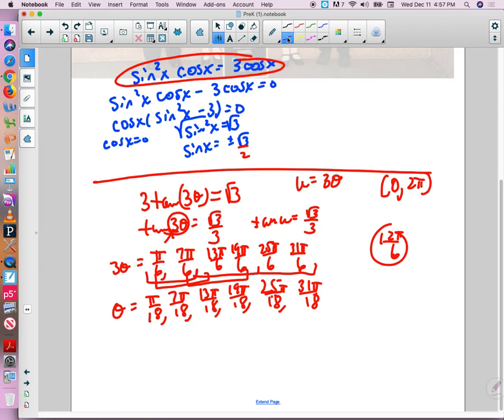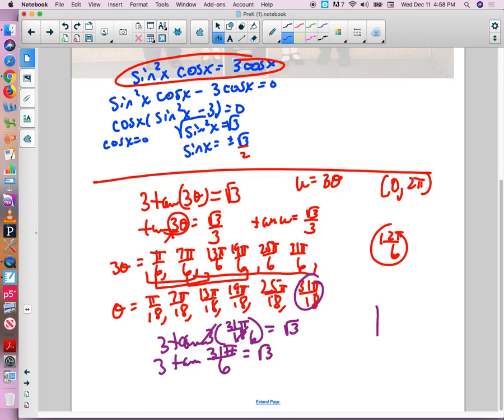Let's check this one. 3 tan of 3 theta. Will that equal square root of 3? That'll be 3 times the tangent of 31 pi over 6.